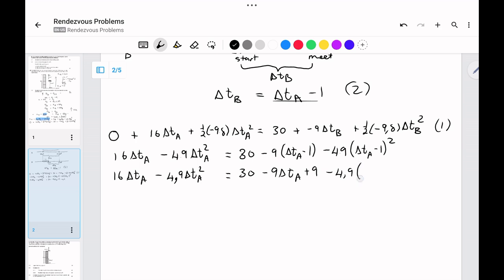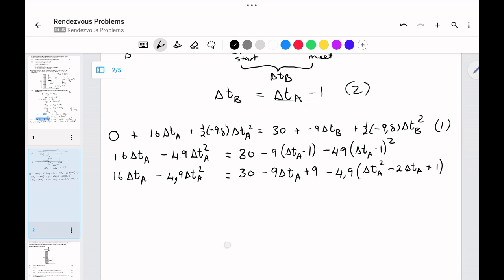I'll first square the bracket and then I'll distribute the minus 4.9 into the bracket. First I get delta TA squared, first one squared, minus twice the product of the two, plus last one squared, which is just going to give me 1.